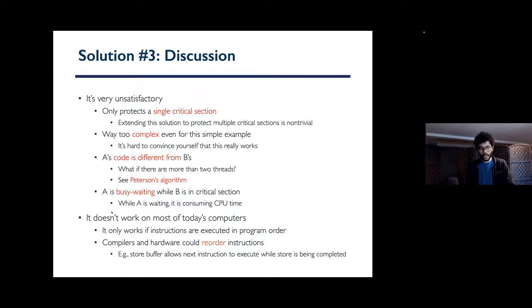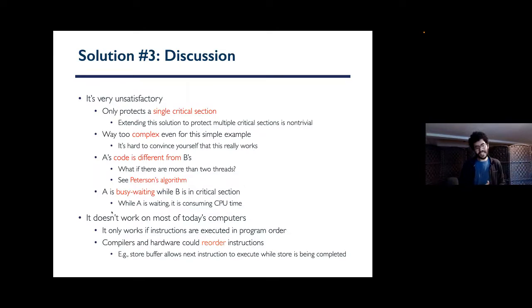The hardware or the compiler could reorder your instructions without you knowing. Your compiler could come in and say, I think I can make your program faster if I change these two instructions. From the compiler's point of view, it looks at your code and says, oh, they're independent. But the compiler doesn't know that there is another piece of code running that has a dependency, and that messes up everything. And even if your compiler doesn't, there is a chance that the hardware does.